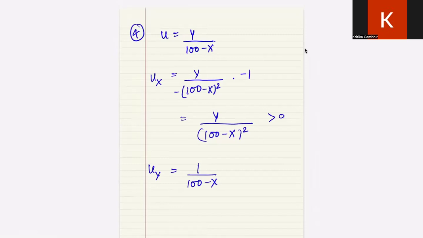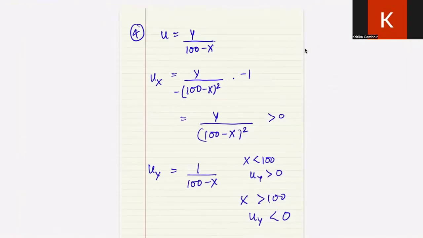Now this can be positive or negative depending on the values of x. So in this case, if x is less than 100, so this uy is positive. If x is greater than 100, this uy would be negative. So you'll make cases under this. And this would always be positive, ux.